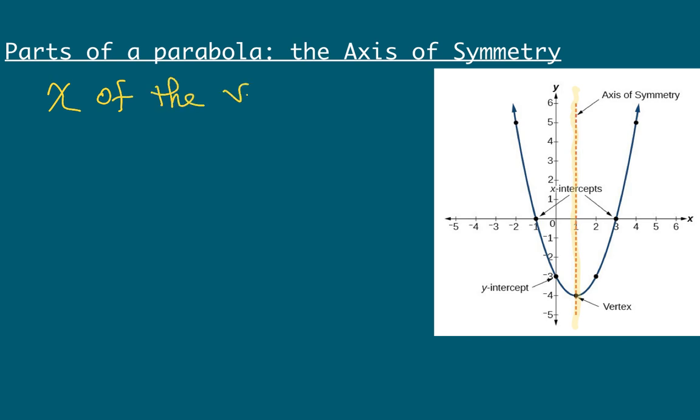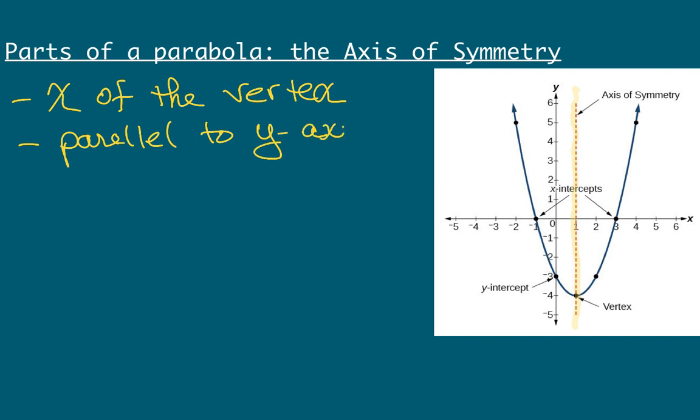So it goes right through the x of the vertex point, and it is parallel to the y-axis. All right, so the axis of symmetry is drawn right down through that vertex point.